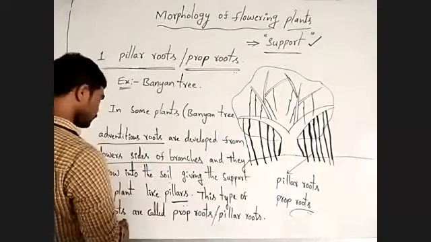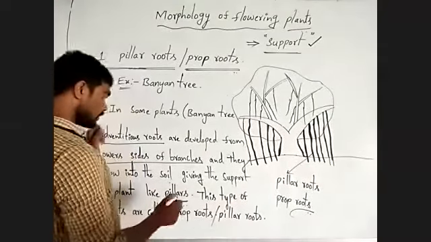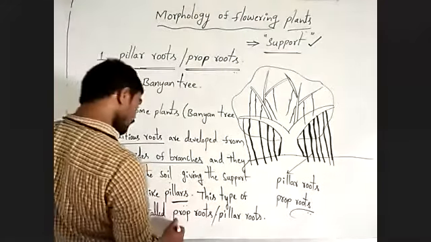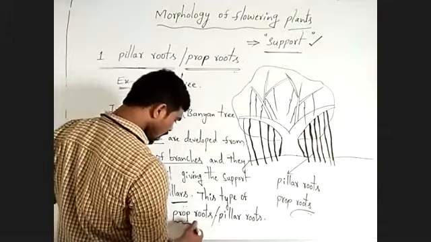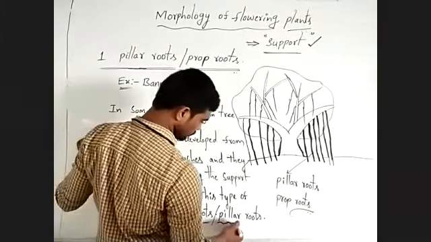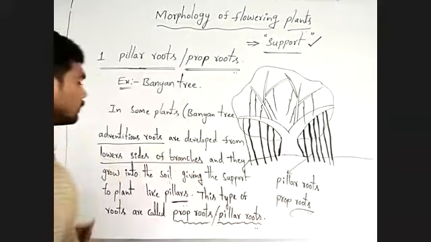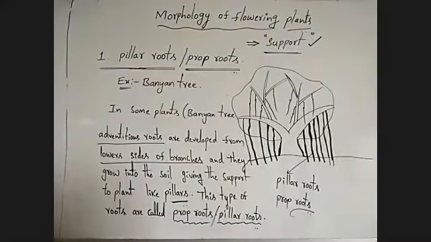These type of roots are called prop roots or pillar roots. Okay. Next.